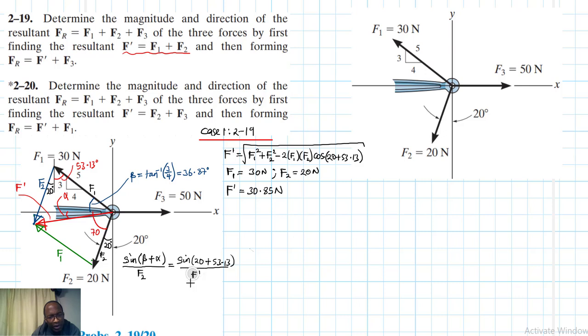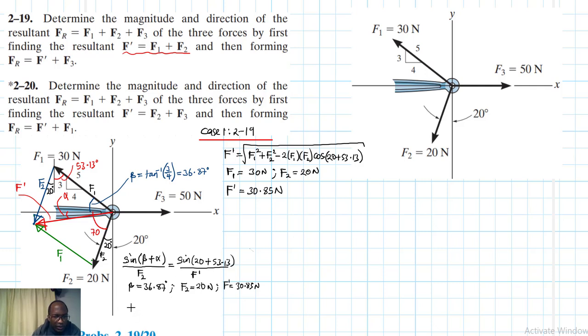We know what F prime is, we know what F2 is, and we know what beta is. So feeding all this, let me write them down. Beta is equal to 36.87 degrees. F2 is equal to 20 newtons, and F prime is equal to 30.85 newtons.